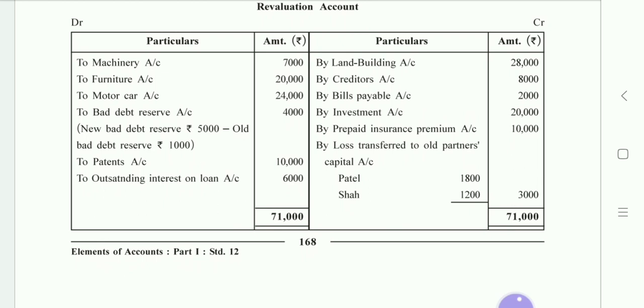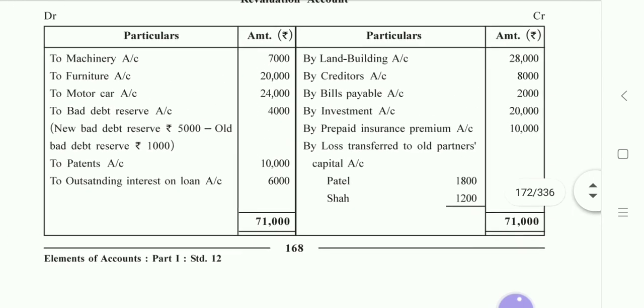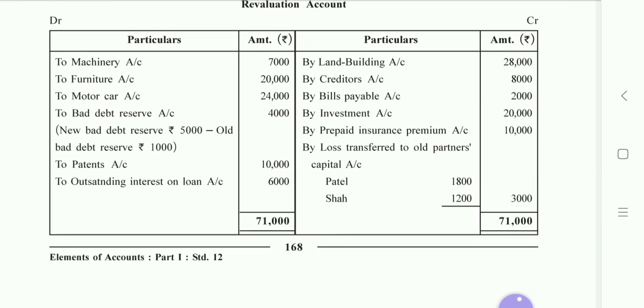Now debit side is what? We are writing the decreased value of assets, any sort of loss, some sort of expense, right? So whenever the total of such a side is more, definitely it is considered as loss. So the total of debit side is 71,000. 71,000 is to be compared with credit side.